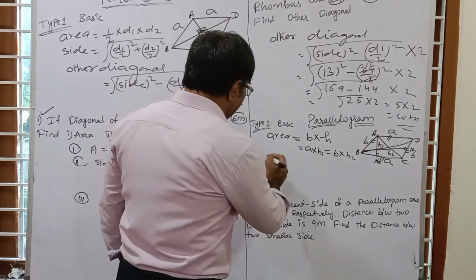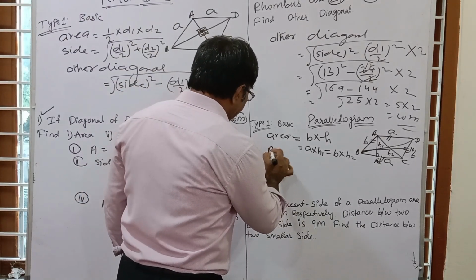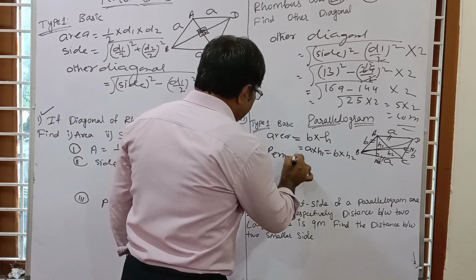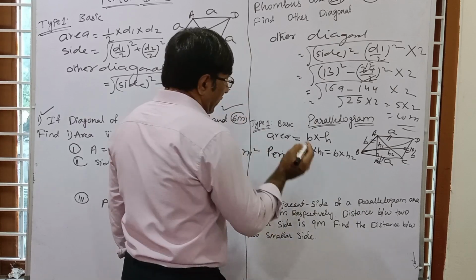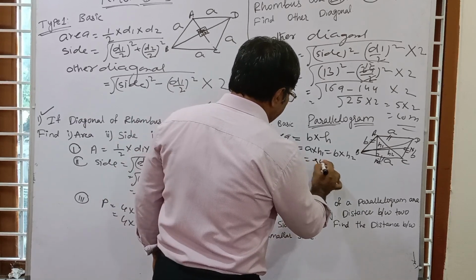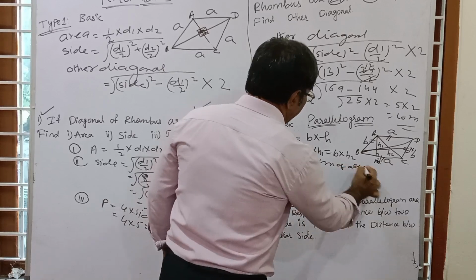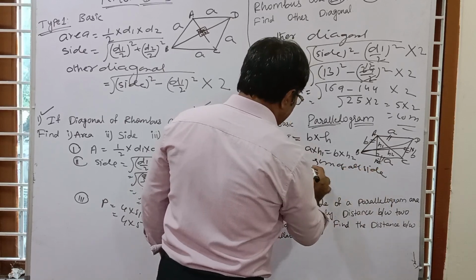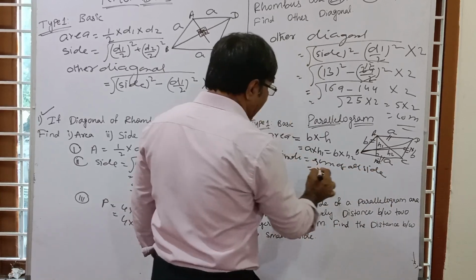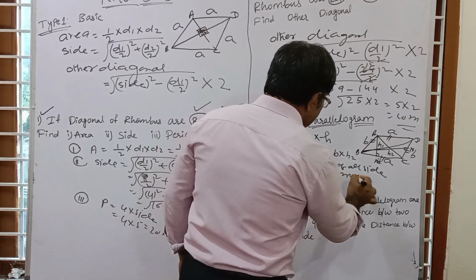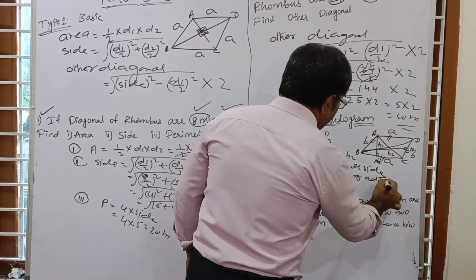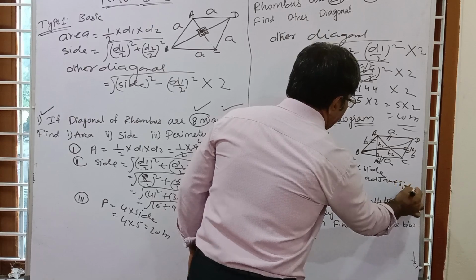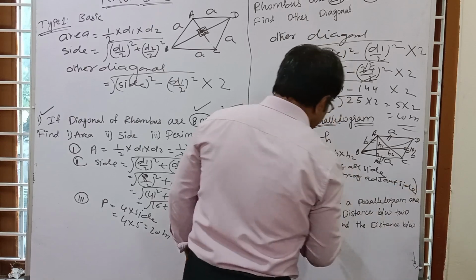And again, the next point is the perimeter. So perimeter of parallelogram is what? Sum of all sides, or you can say 2 multiplied by the sum of adjacent sides. What is an adjacent side?